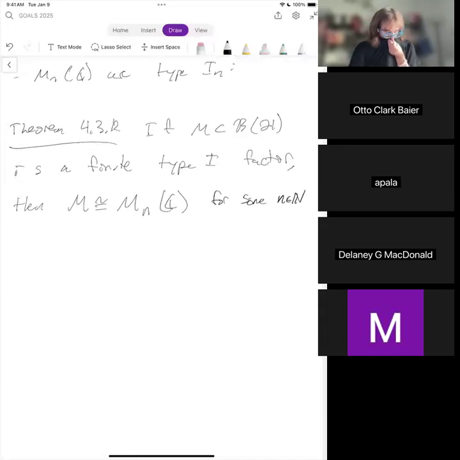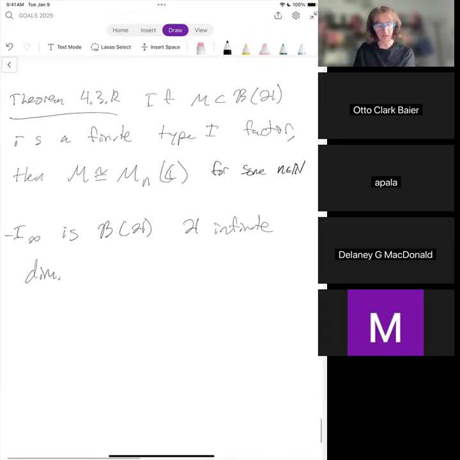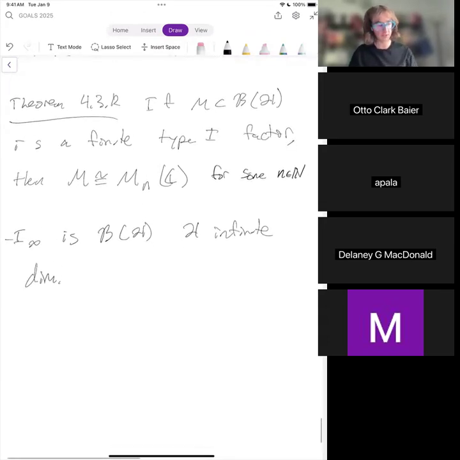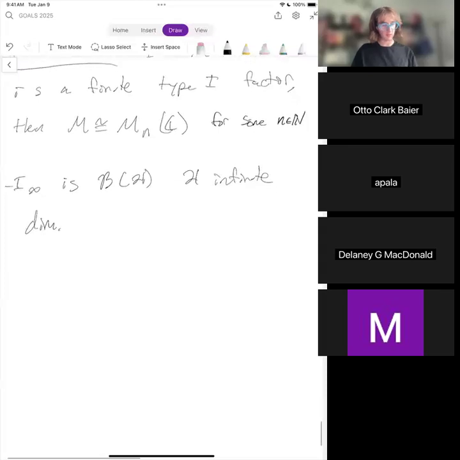And then the 1 infinities is B of H for H infinite dimensional. And that proof is not in the notes, but it's similar to the complex matrices case.